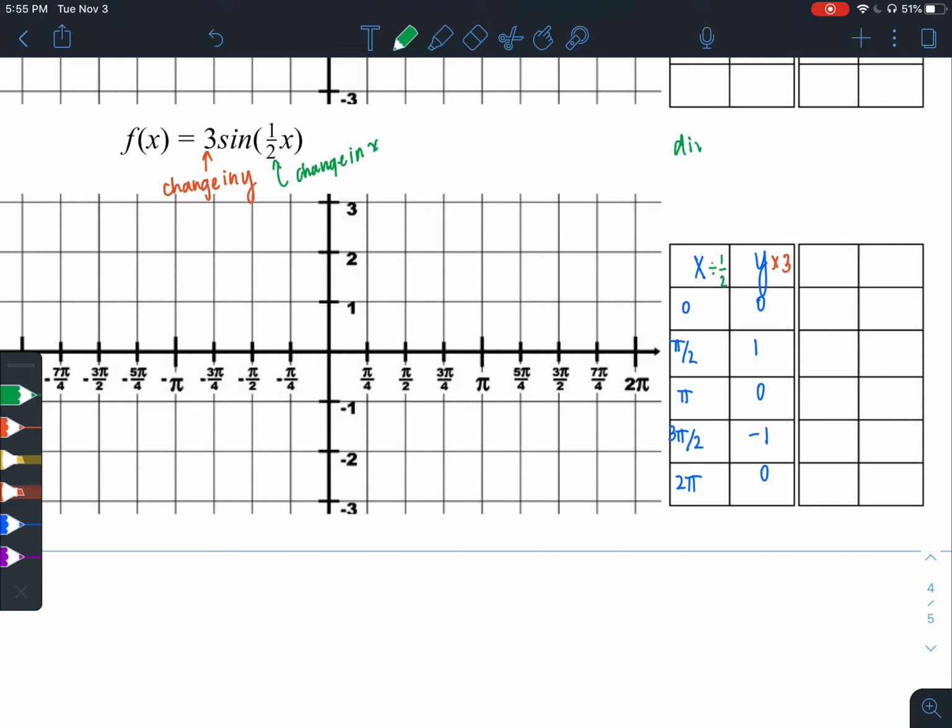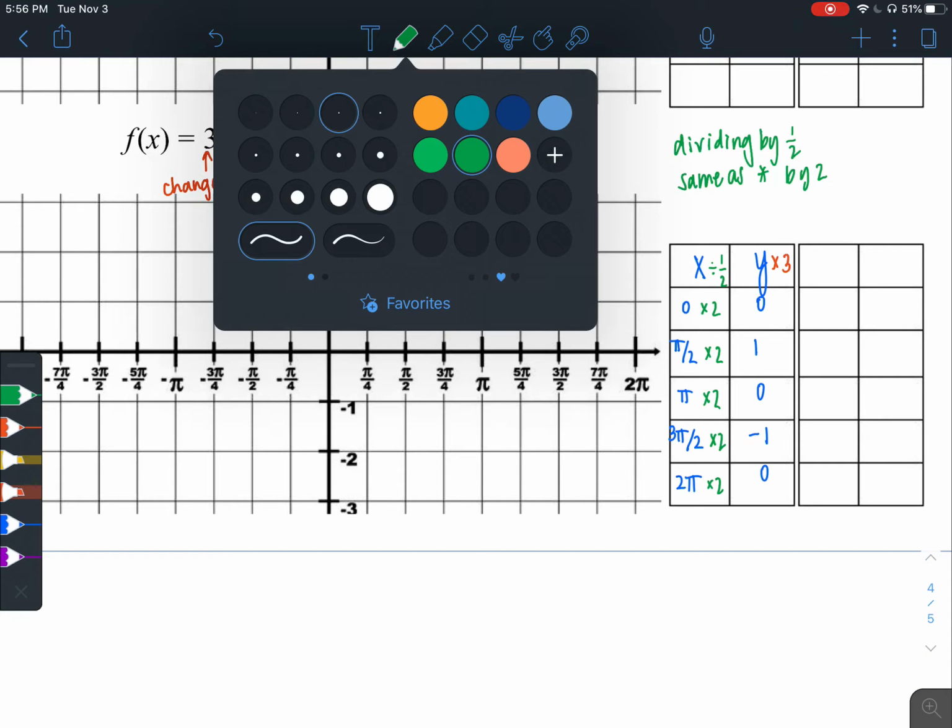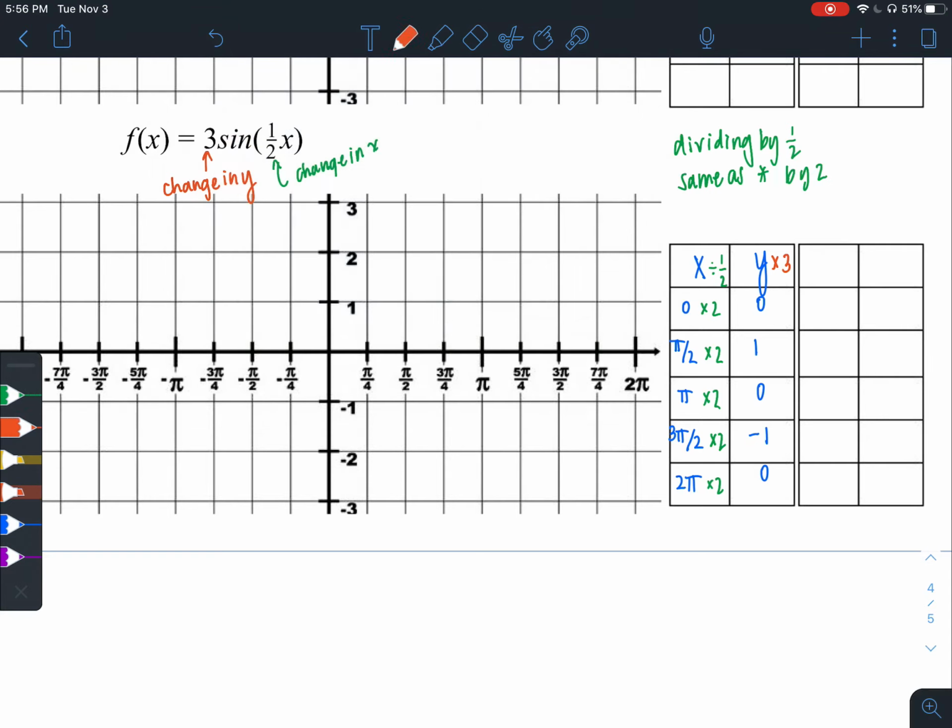Remember that dividing by a half is the same as multiplying by 2. So I'm going to take each of these values and multiply them by 2. And I'm taking each of these values and multiplying them by 3.